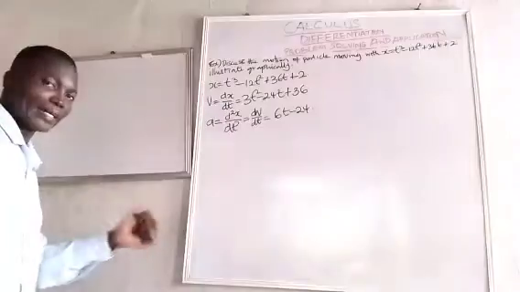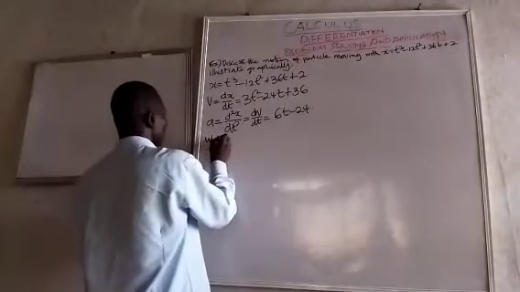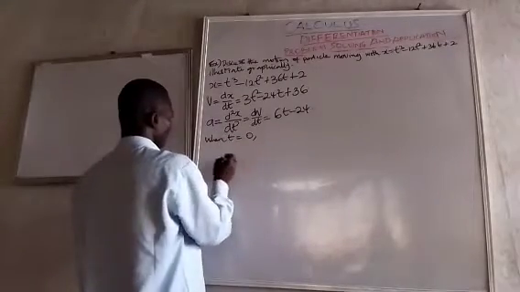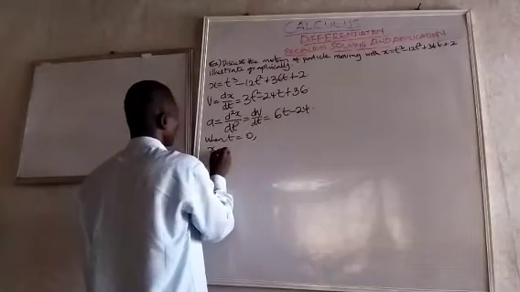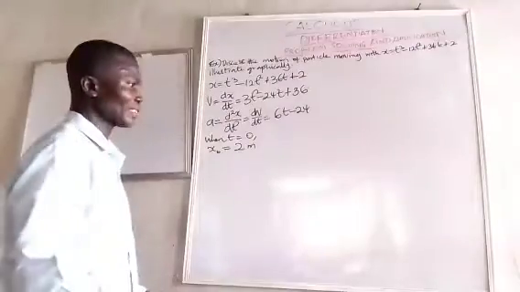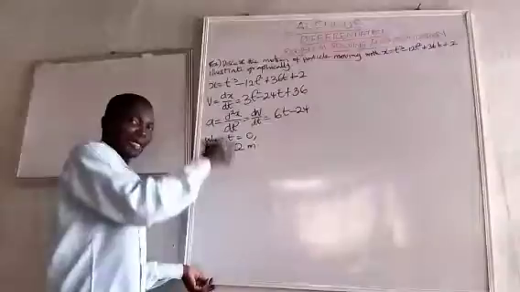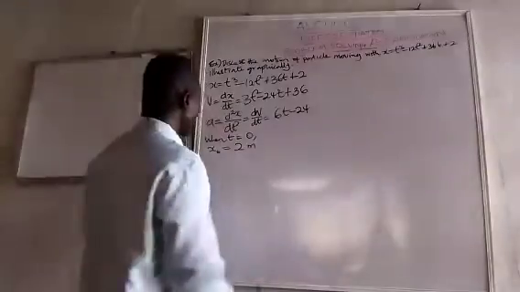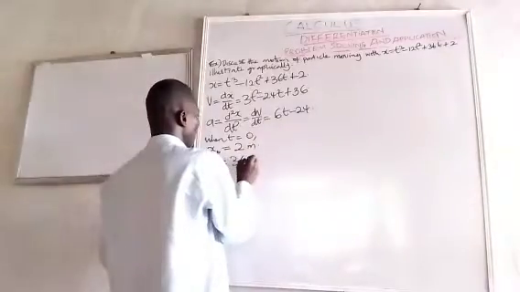From this, we can extract some important information. When t equals 0, what is our x going to be? x is equal to 2 meters from the reference point, which means that it's not starting from the reference point itself. There is a distance between that particle and the reference point. Our v is 36 meters per second.